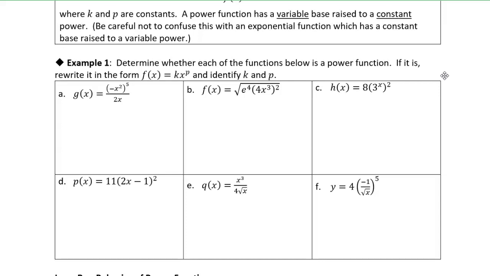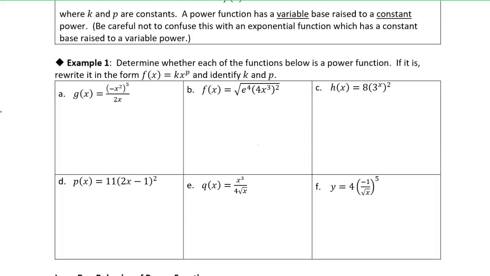You've got to remember them in order to simplify these ugly functions, so that you recognize that they are power functions. If they're power functions, we're going to write them in the form k times x to the p power, and we're going to identify what k and p are.